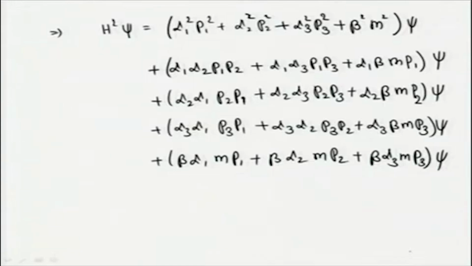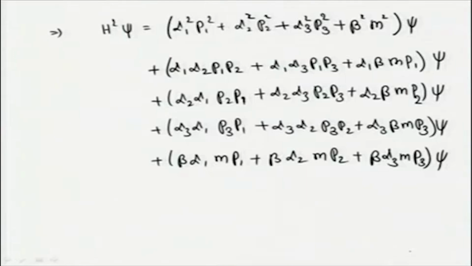And we also did not assume that alpha 1 alpha 2 is equal to alpha 2 alpha 1. P1 and P2 are momentum operators which we know commute. P1 and m also commute.